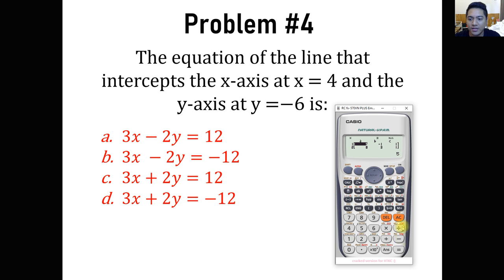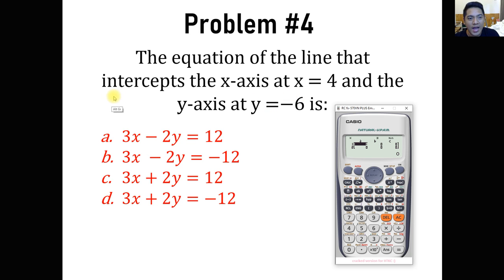So, using still the same equation mode, we can analyze this. If it intercepts the x-axis at x equals 4, meaning the value of y is 0. And on the other hand, if the line intersects the y-axis at y equals negative 6, meaning the value of x at that point would be 0.